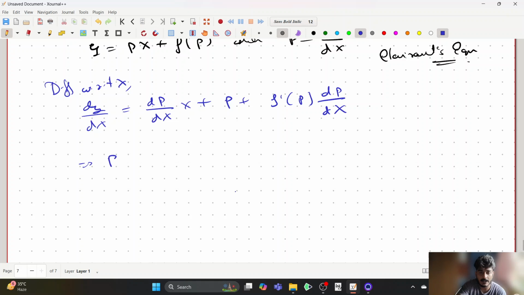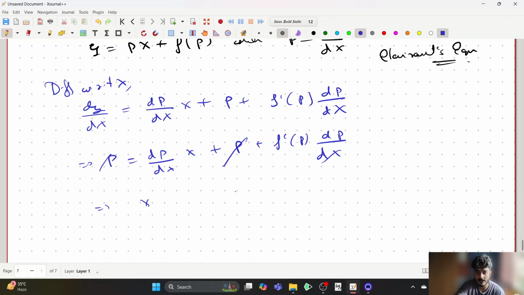But dy/dx is just p, (dp/dx)·x is as it is, plus p plus f′(p) dp/dx. So these p's cancel out. So what do I get? (x + f′(p))·dp/dx = 0.